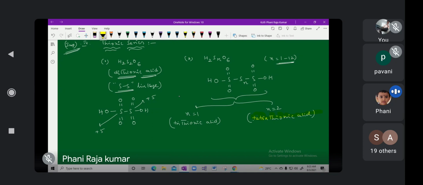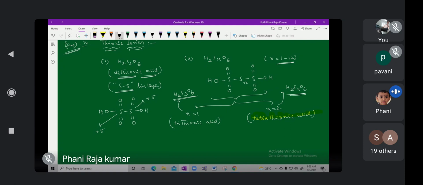So if you put n equal to 1, then formula is H2S3O6. If you put n equal to 2, H2S4O6. Trithionic acid and tetrathionic acid.